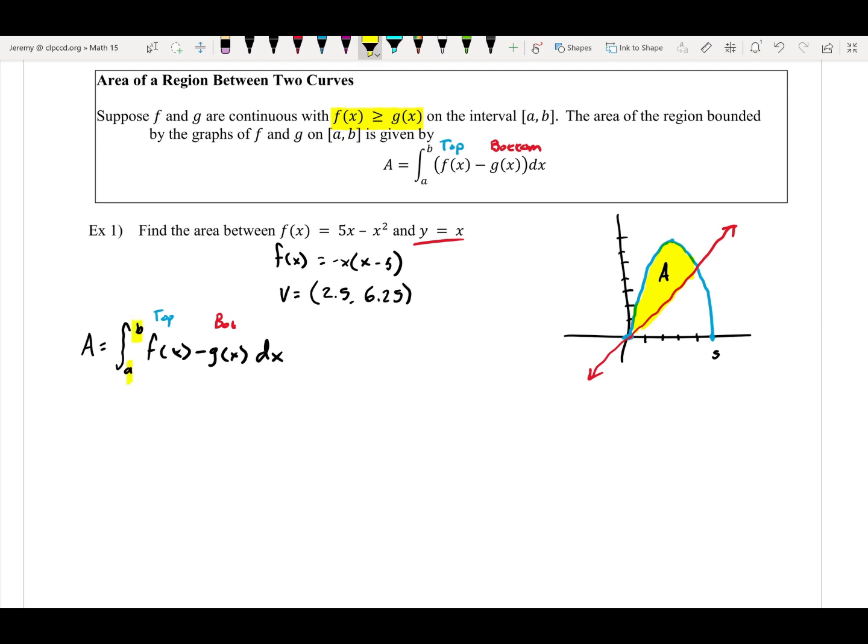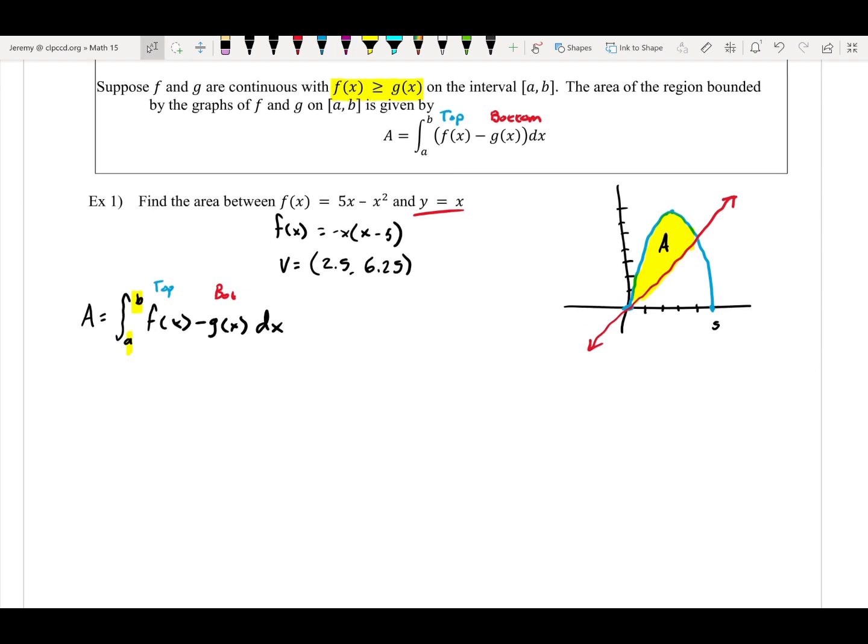So I can see now that f of x is going to be the top function, and this red line, y equals x, is going to be the bottom function. Let's find the limits of integration, and those are going to be the intersection points between these two graphs. So a little side problem here, we have to find the intersection points.